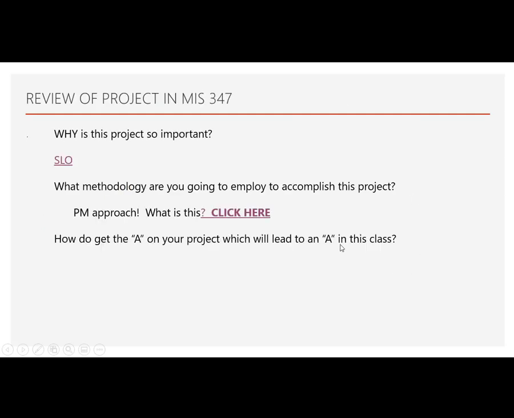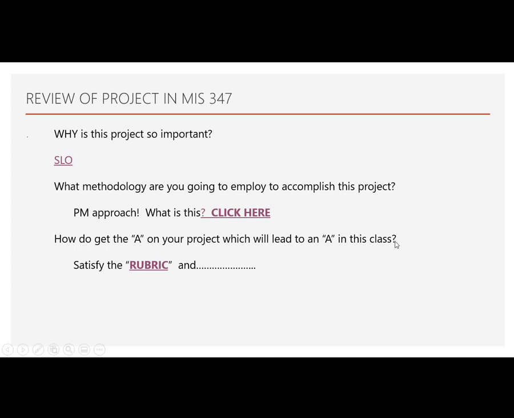Okay, another thing, of course. One of the primary reasons that this project is so important is that you want to do very well on it. In order to get an A in this class, you have to fulfill various elements of the Project 2 report.